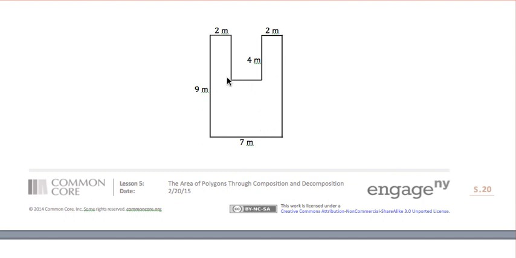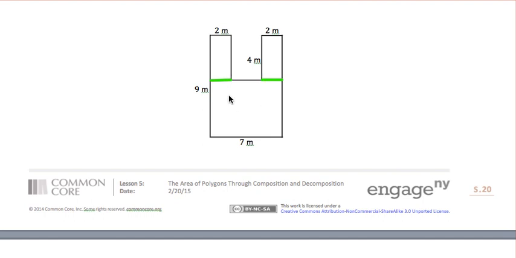There is, however, a formula for rectangles. So if I take my pencil and I cut this figure up into rectangles that I can find the area for, then I can add those areas together to find the total area of this figure.